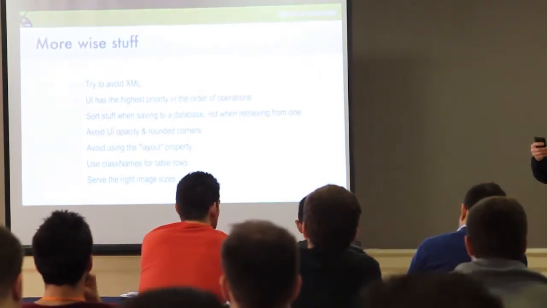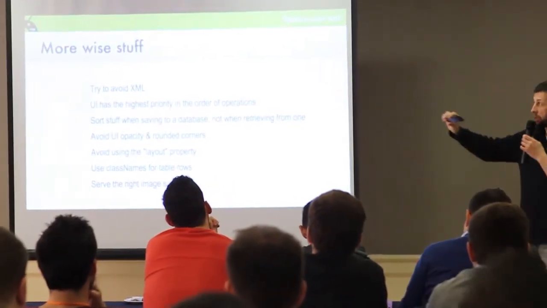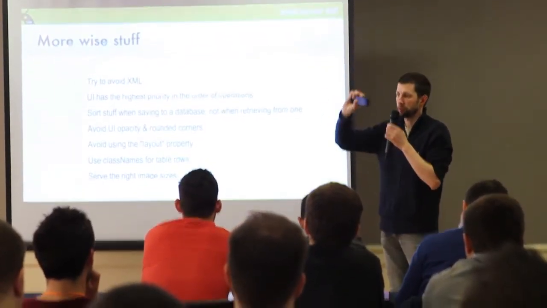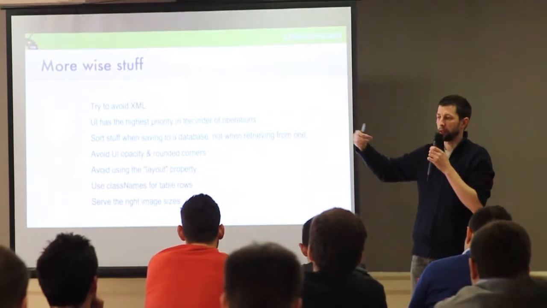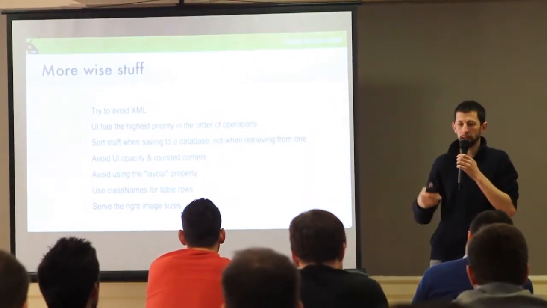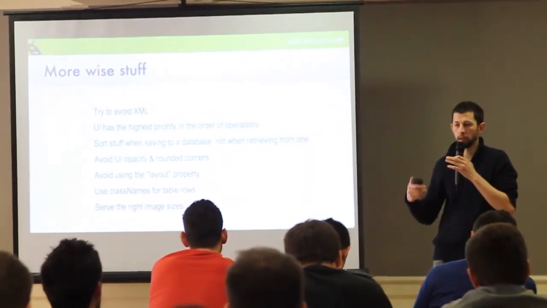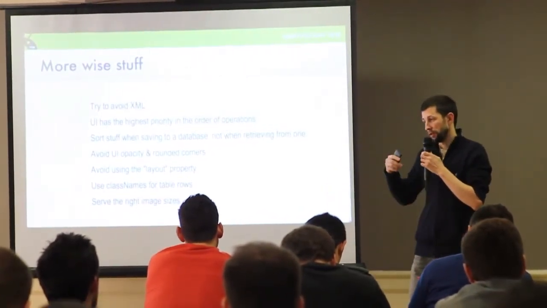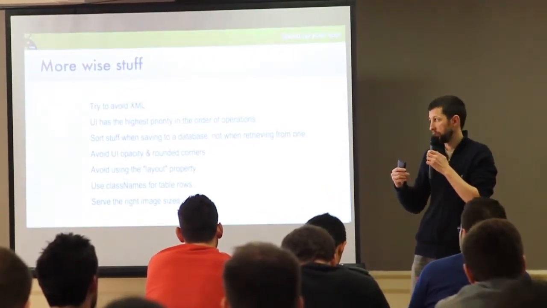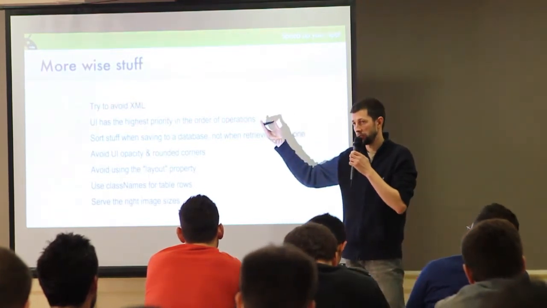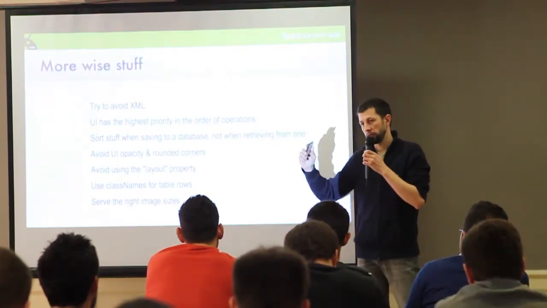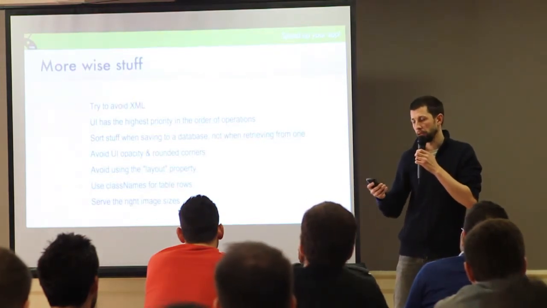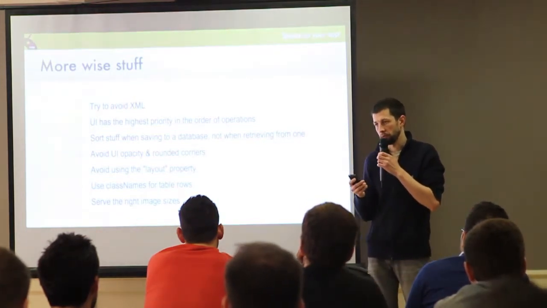Say you receive some data and you need to set the title. Let's say we got the beach, the name, and we want to set the name to the UI. Then we have to put it in the database, sort some information, create the location stuff, whatever. The first thing you do, you set the title to the label. After this, in the background, you do all you have to do with the database, because the application needs to be responsive.